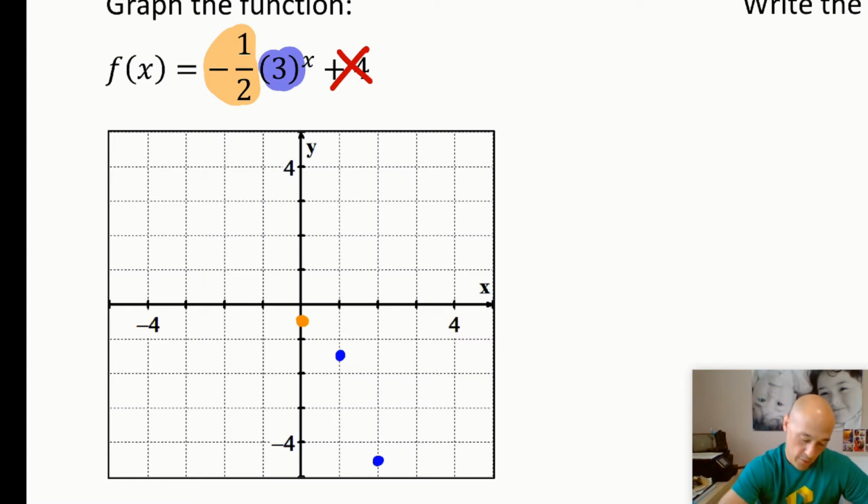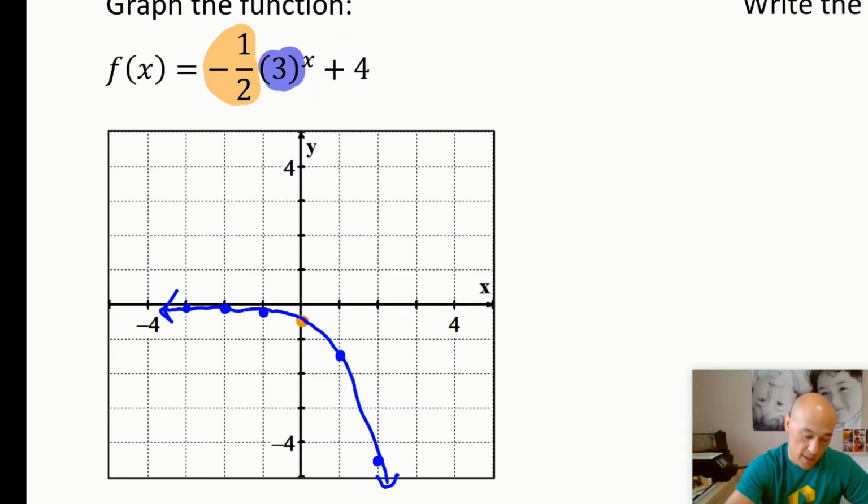As we move to the right, we're multiplying by 3. This way, we're dividing by 3. So we're going to be getting really close to the x-axis really quickly there. And so our graph is going to look like that. Now, that is what the graph looks like if k is 0.